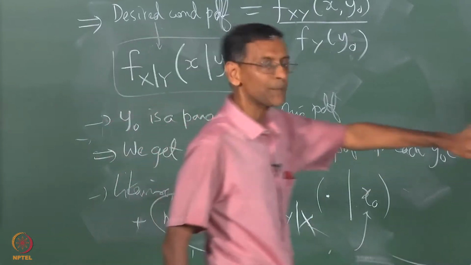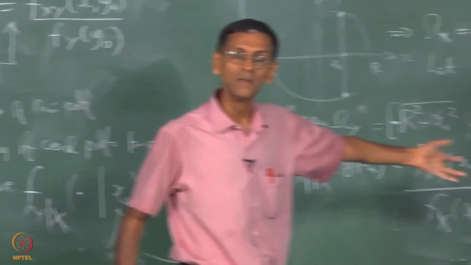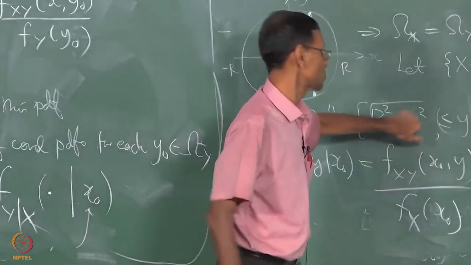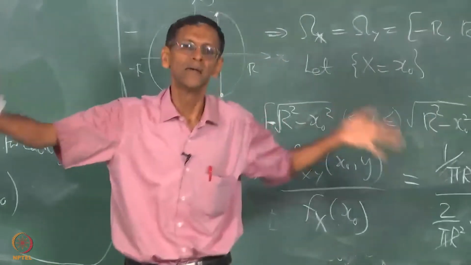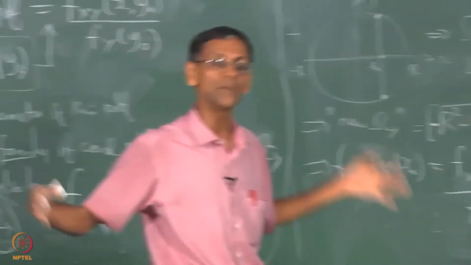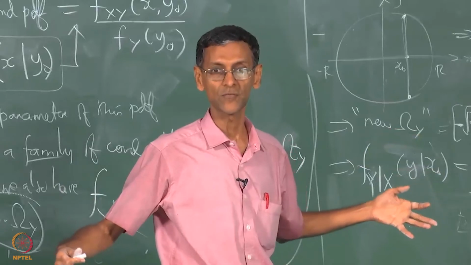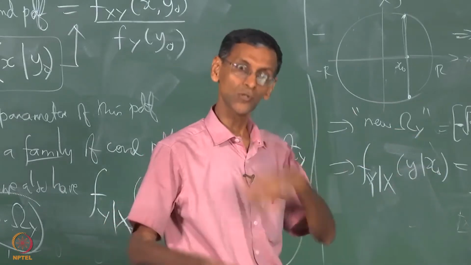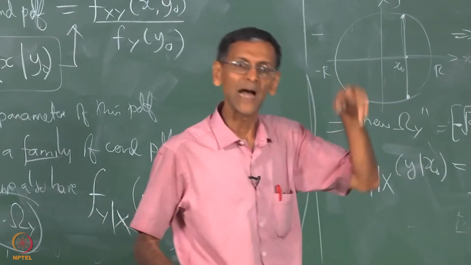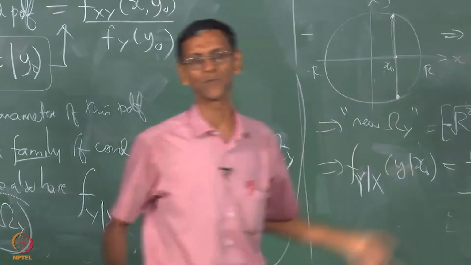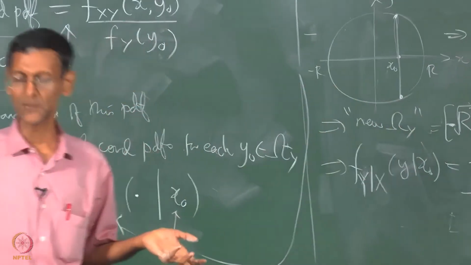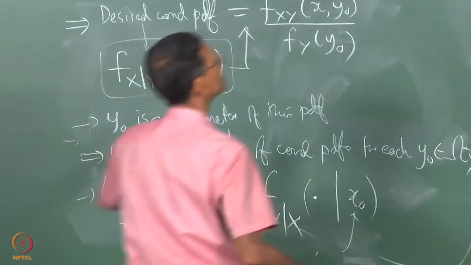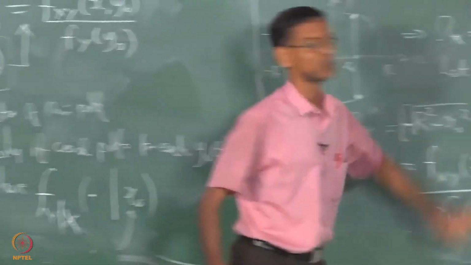So do you see the parameterization? Is it clear? X naught occurs here also. The value x naught typically controls the extent of the new PDF, and it also controls the height. This is one of the simplest examples. If you take more complicated examples, as we will do in the homework, you will get more complicated dependence on x naught.